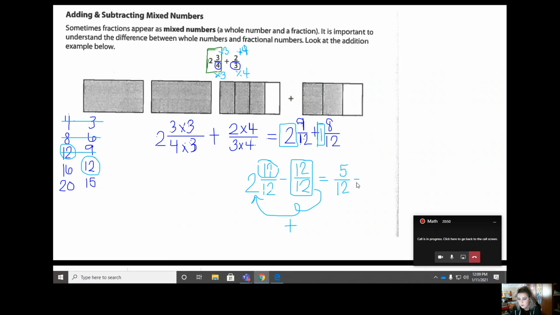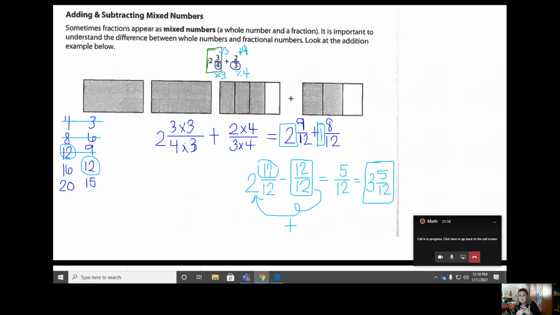So then we will have 3 and 5 12s. And now we have our answer with a proper mixed number. And remember, a mixed number is a whole number and a fraction. So I suggest that you pause your video, take an extra look at it, take it all in.